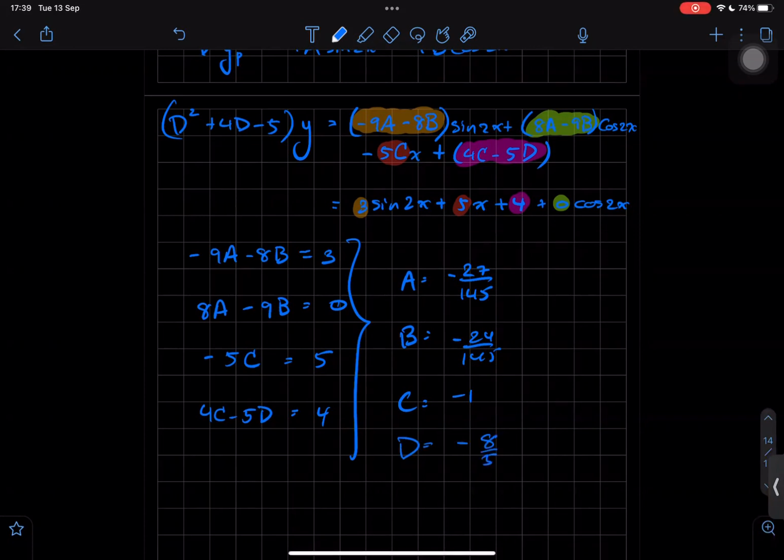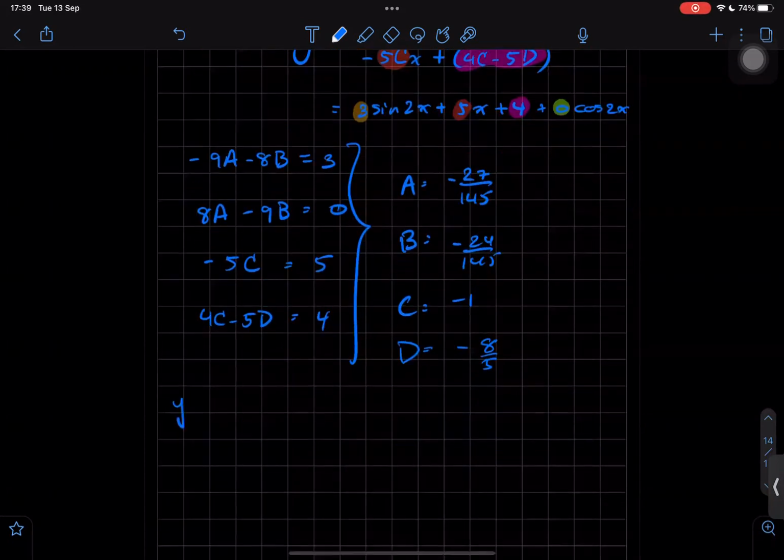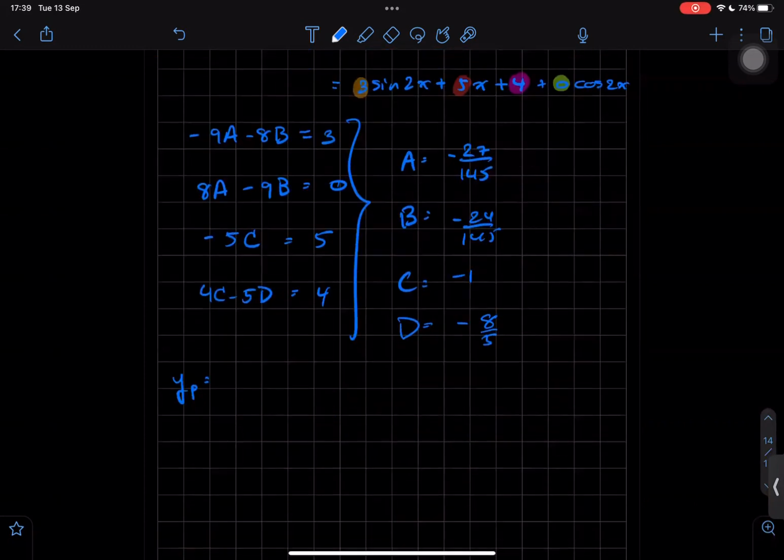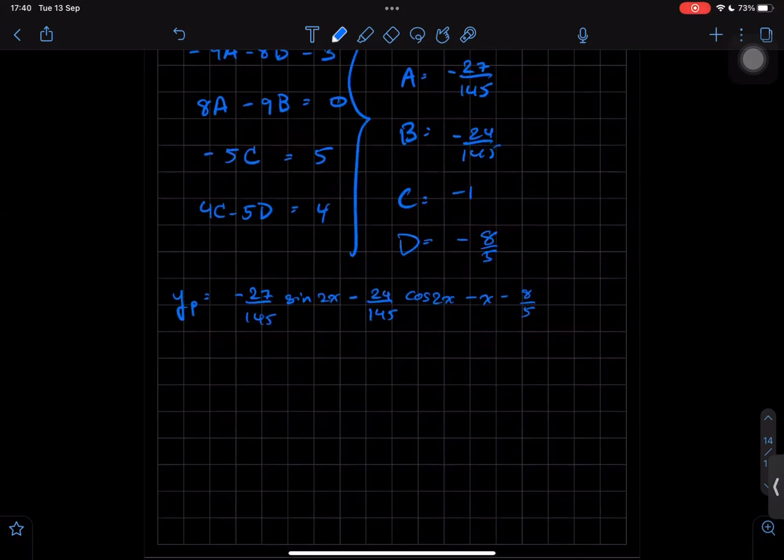Now you already get yp, right? yp is equal to a sine 2x, so it becomes minus 27 over 145 sine 2x minus 24 over 145 cos 2x minus x minus 8 over 5. So now you get the solution already.